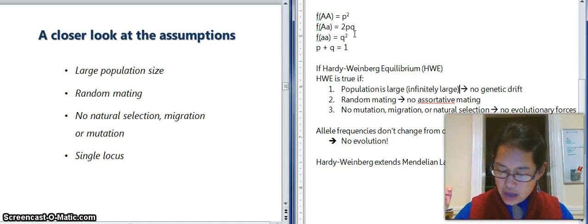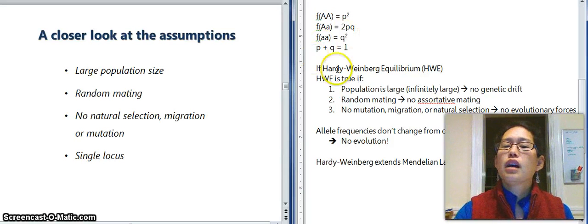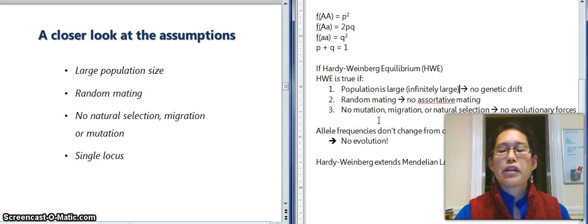So in general, for the assumption that there's no mutation, migration, or natural selection, mutation at a population level is often negligible. And so population geneticists typically feel pretty comfortable with ignoring it. Often population geneticists are also really interested in migration or natural selection.